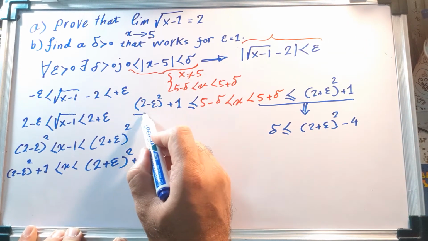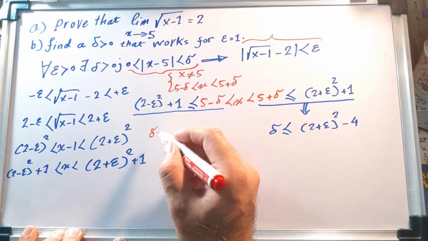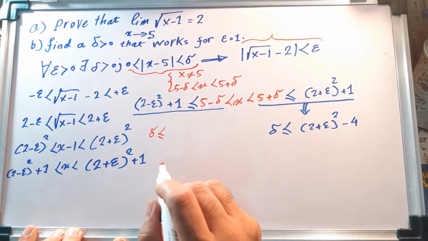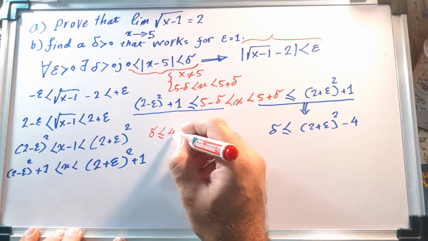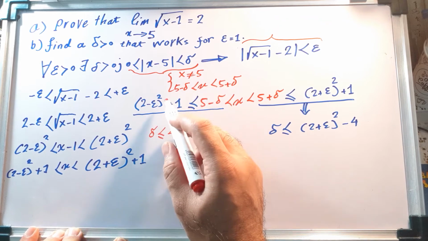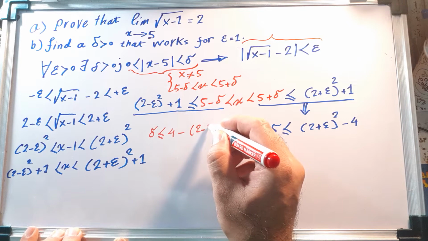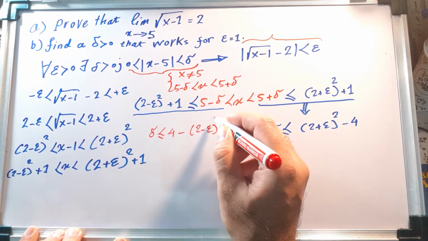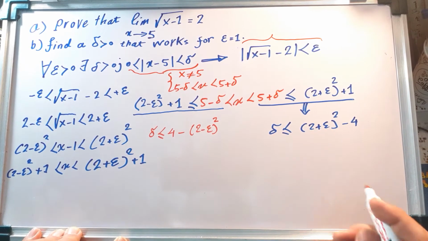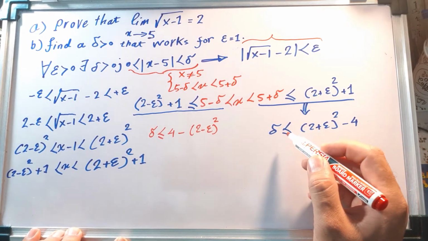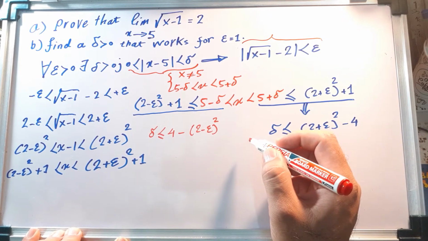And at this part delta is less than 4 minus 2 minus epsilon to the power 2. So we have two answers, but which one is true for us?